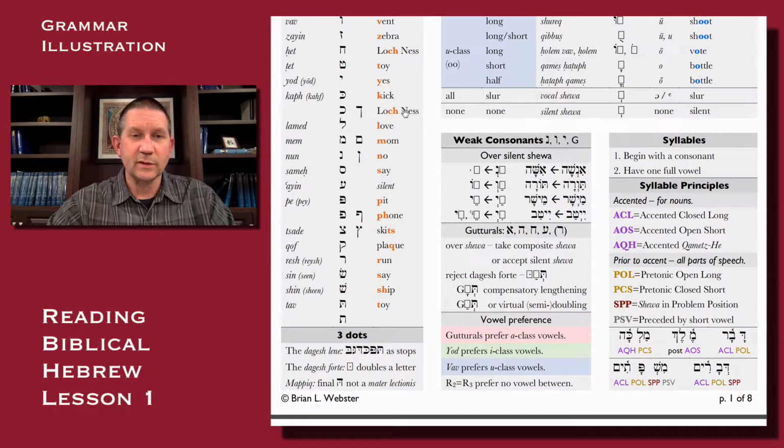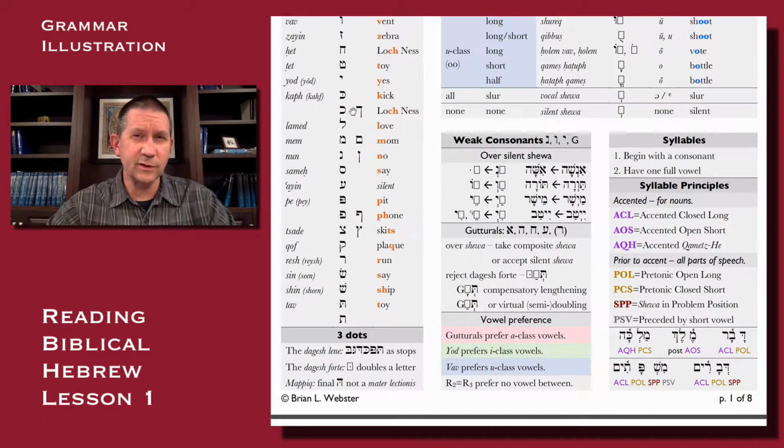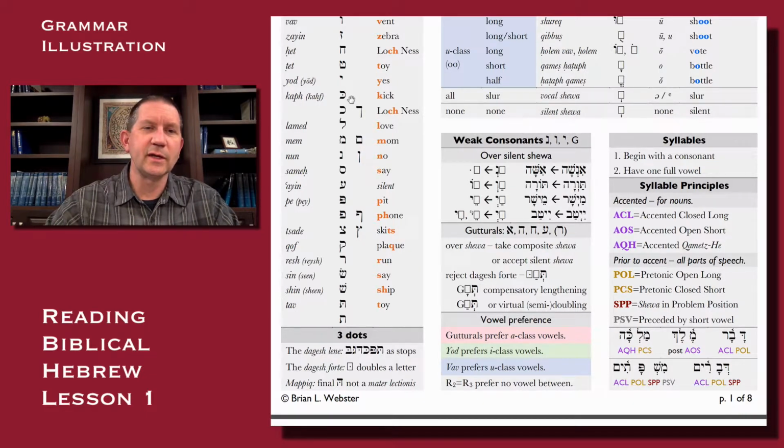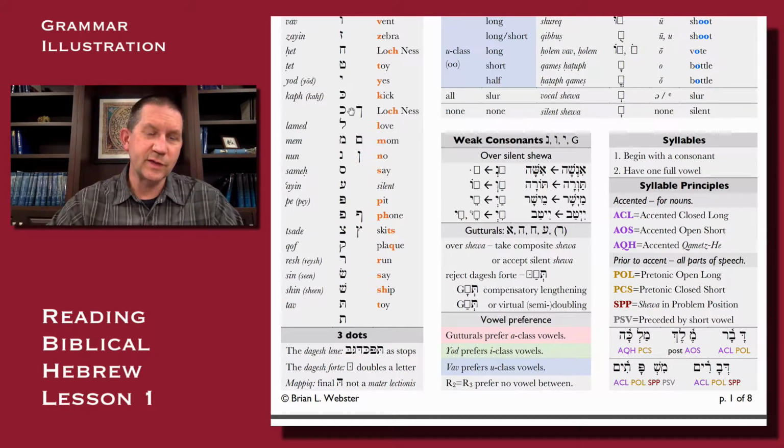And so just like the Scottish CH in Lach, or the German CH in Johann Sebastian Bach, both the letter chet makes that sound, and kaf makes that sound at the end of a syllable. Although this distinction also is kind of falling away, and you may find that people pronounce kaf at the end of a syllable or at the end of a word, just like they do anywhere else, as a K.